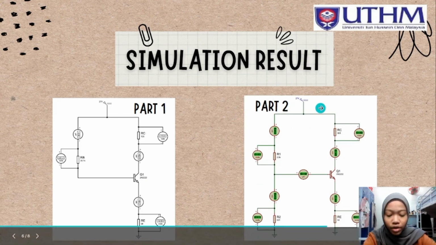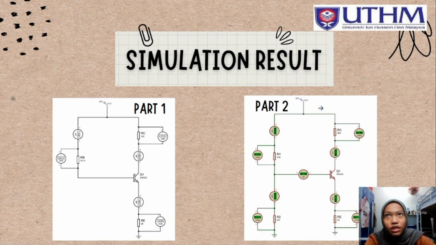And part 2 is to design a common emitter amplifier with voltage divider bias.